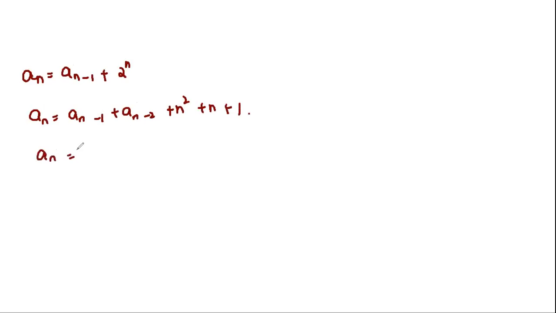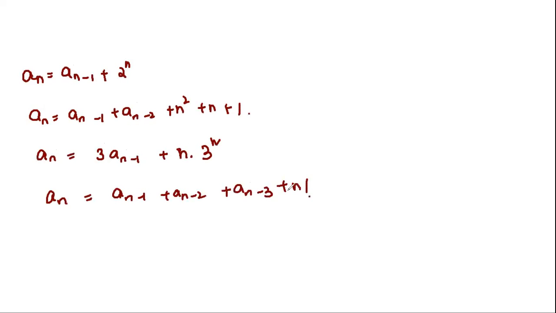Suppose the recurrence relations are: a_n = a_{n-1} + 2^n; a_n = a_{n-1} + a_{n-2} + n^2 + n + 1; a_n = 3a_{n-1} + n^n; a_n = a_{n-1} + a_{n-2} + n - 3 + n factorial.